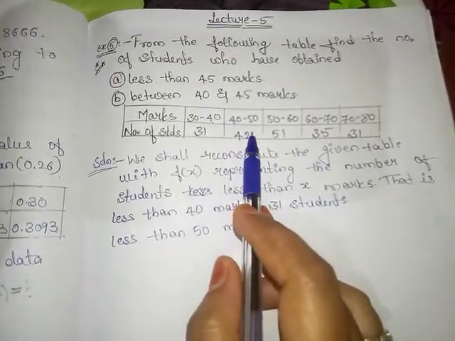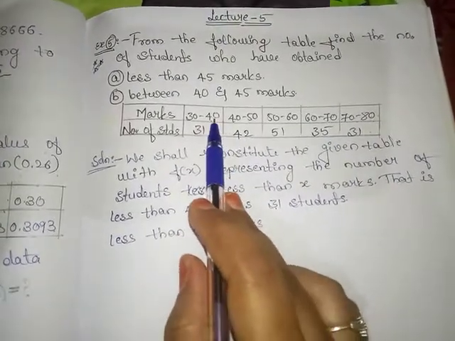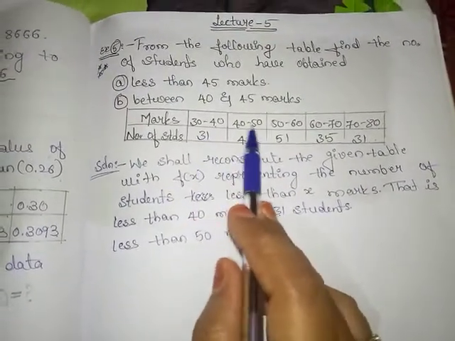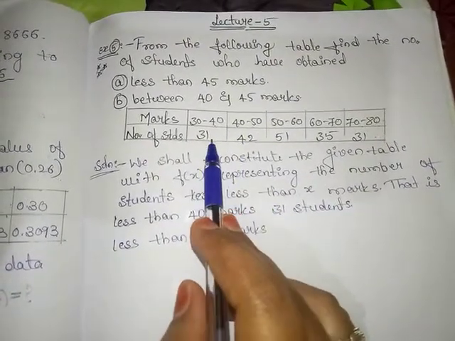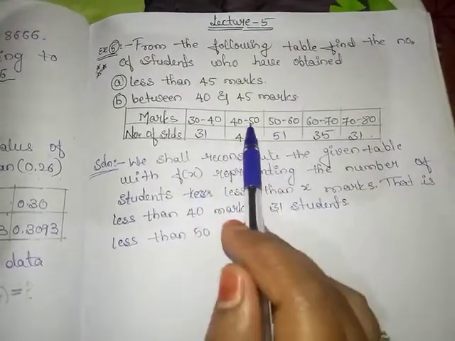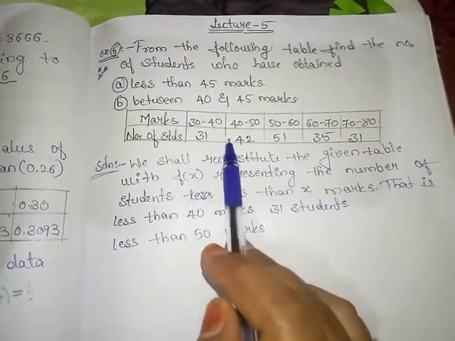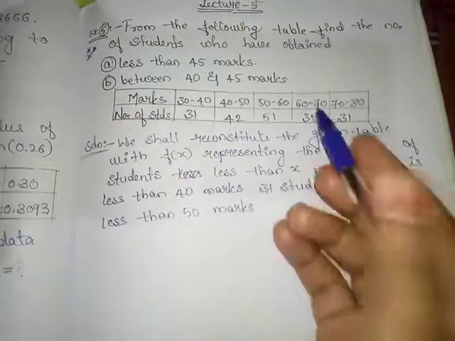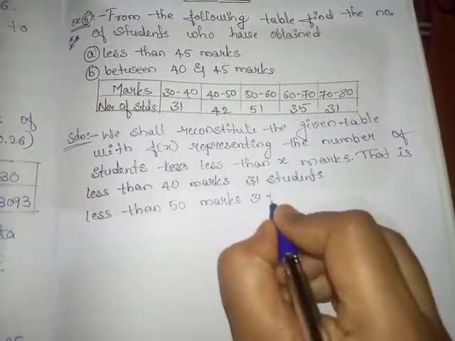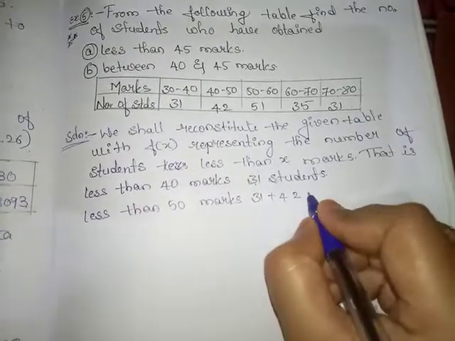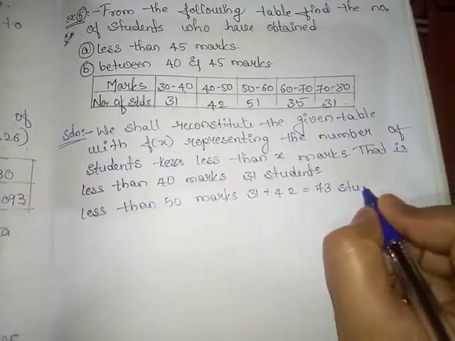Then how many students are having less than 50 marks here? 31 plus 42. These 31 students are having less than 50 marks also. So less than 50 marks, the number of students is 31 plus 42, which is equal to 73 students.